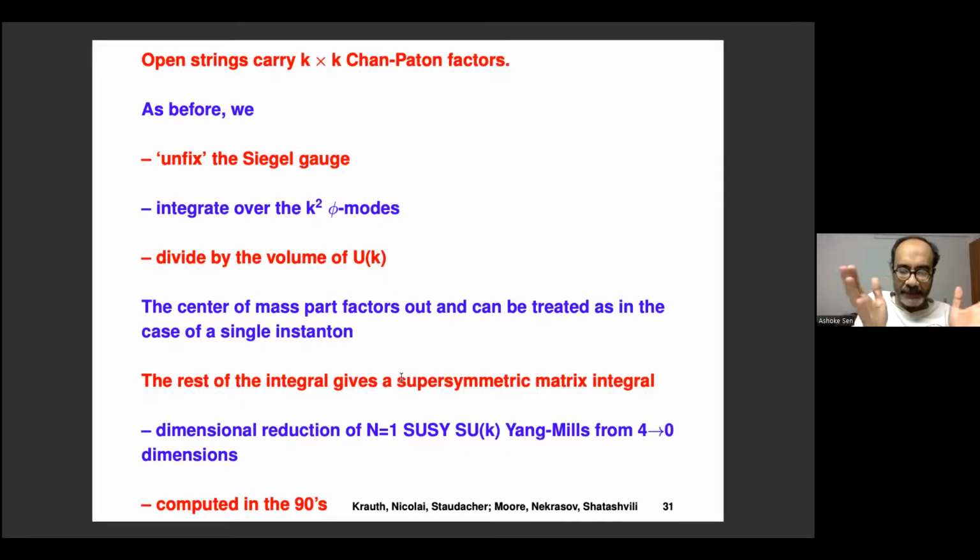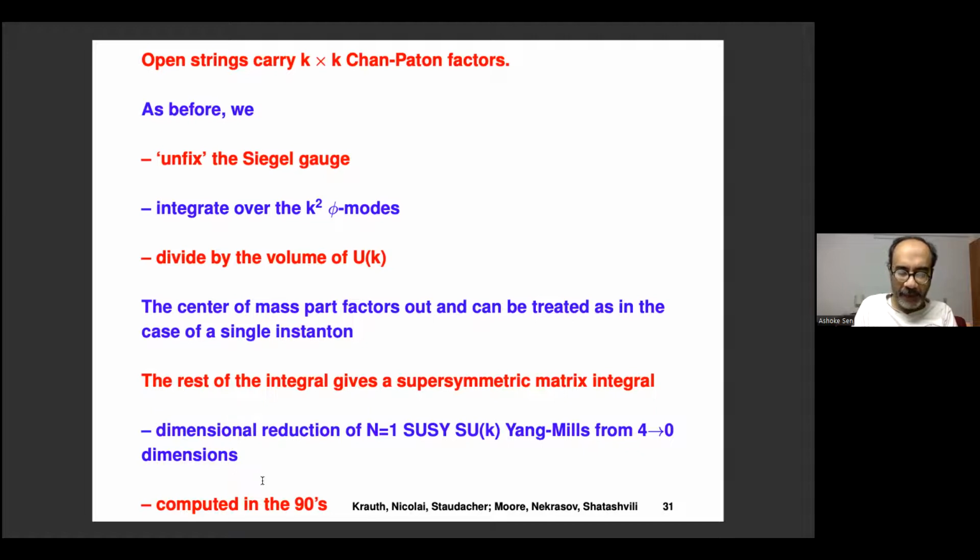This is a hard integral, but fortunately it was already computed in the 90s. Perhaps it's not mathematically rigorous, but the answer is already given. It was first predicted in this paper, and then computed by localization in this paper by Moore, Nekrasov, and Shatashvili.